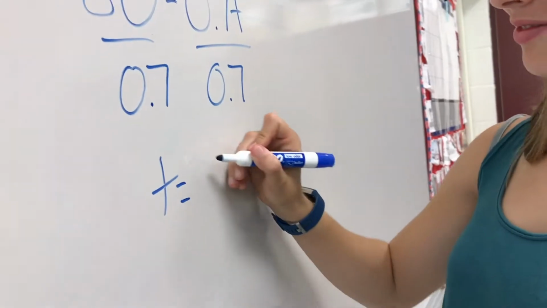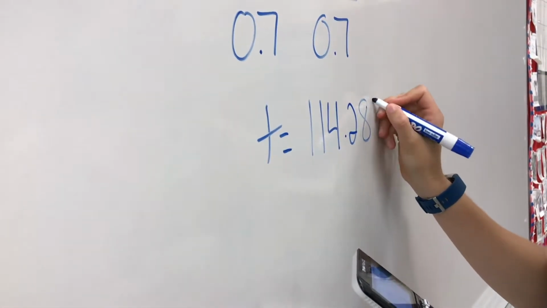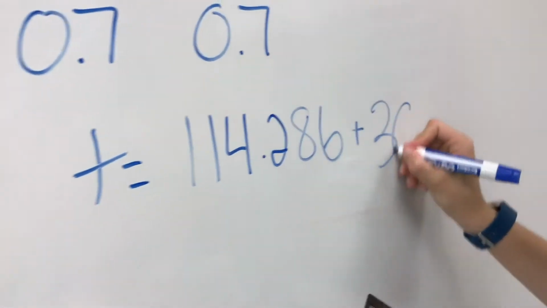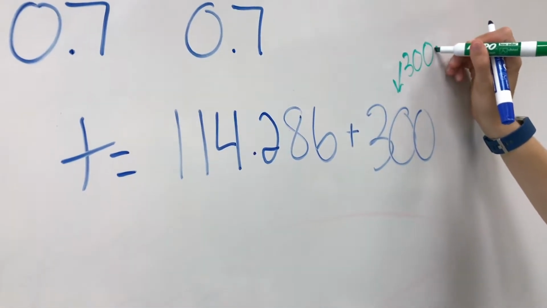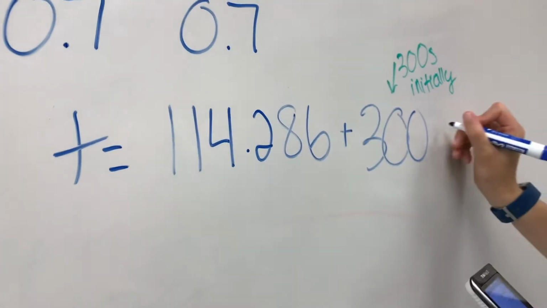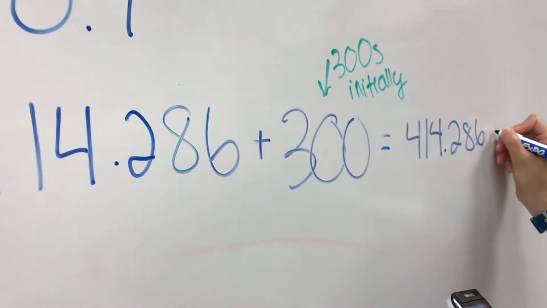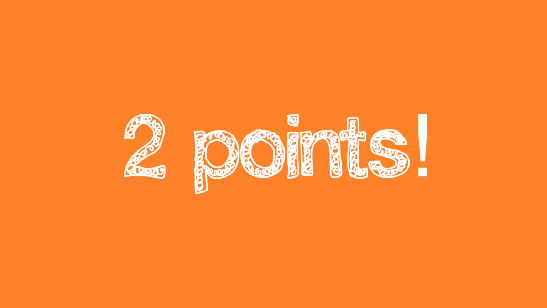On the calculator, we then solve to find that x equals 114.286. 300 seconds then needs to be added because this is the time that we begin with for part C. 1 point is awarded for adding 300 seconds, in our opinion. 414.286 seconds is then the final answer for this problem. 1 point is awarded for the answer with units. 2 points in total would be given for part C of this problem.